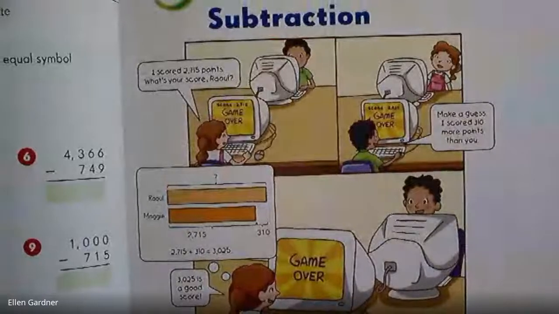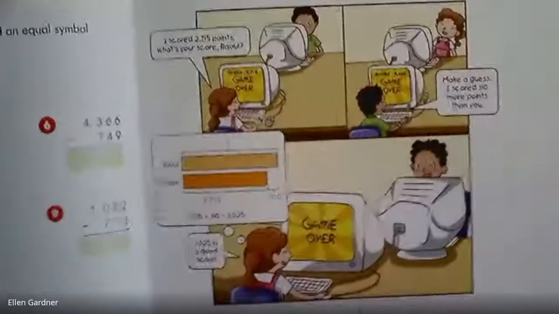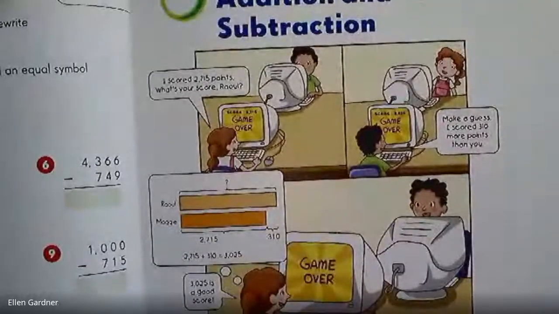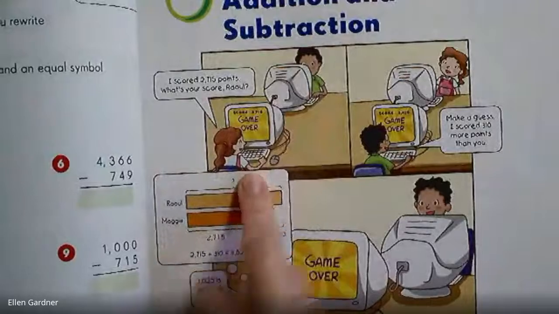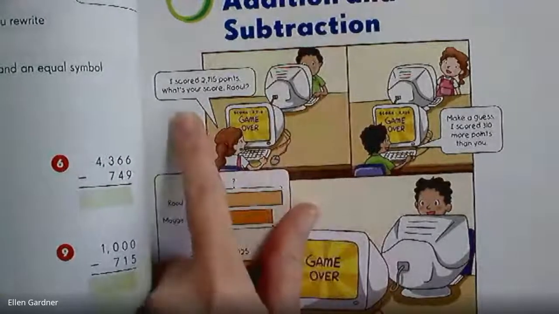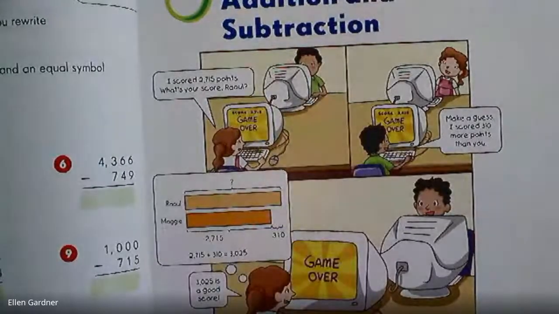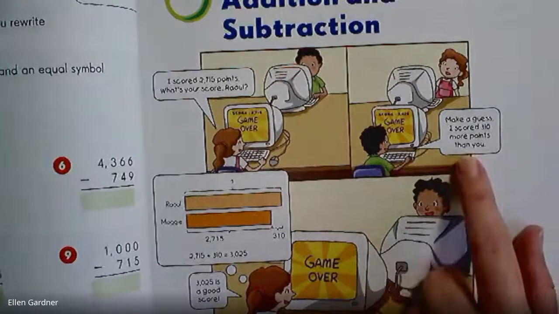I wanted to first look at some pictures of the two types of bar models that we have. To represent one of them, here is a little cartoon to introduce the whole unit. Two students are playing a computer game, and one of them says, I scored 2,715 points. What's your score, Raul? Make a guess.